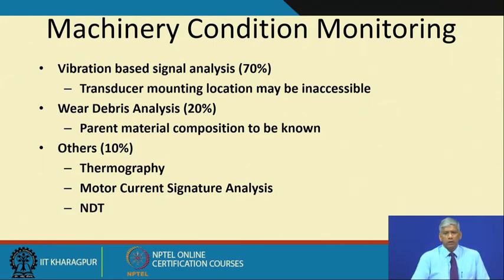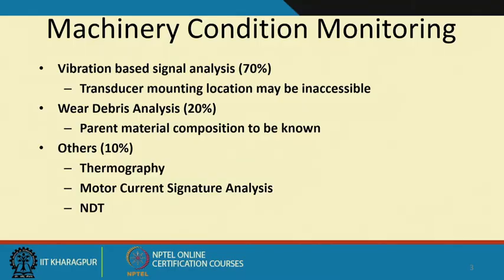I will give you an example. Imagine I have to measure the vibration of a gearbox of a wind turbine, which is perhaps 50 meters above the ground. It is not convenient humanly to monitor at such remote locations, or in other words also underground.